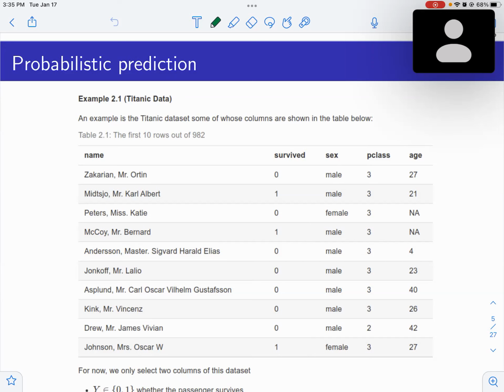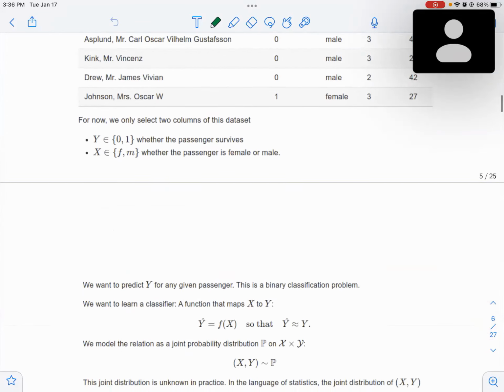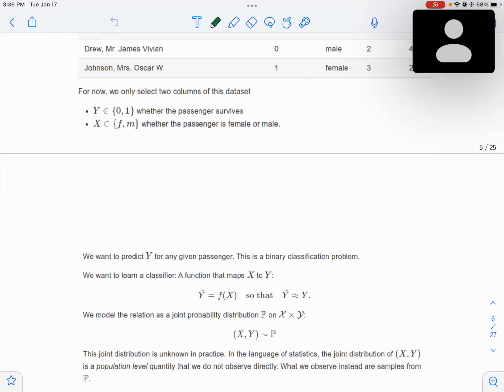So what we talked about was to model this joint distribution as a general joint distribution, and then figure out what would be the optimal classifier if we knew this joint distribution. That was the start.